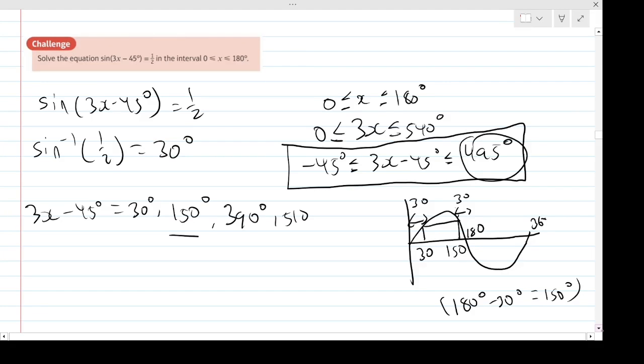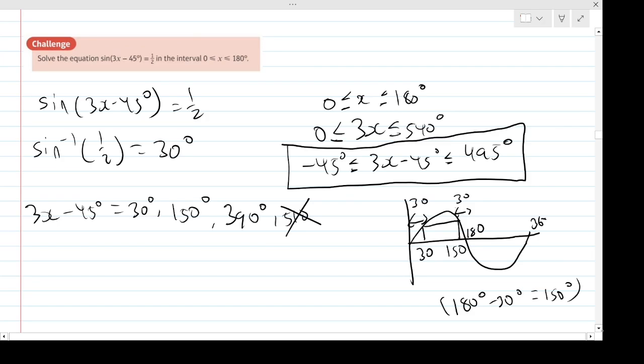Because we can only go up to 495. So we can't have that. But another thing to note is we've got negative 45, not 0, so we do need to check for a negative solution. We need to go backwards as well, by subtracting 360.